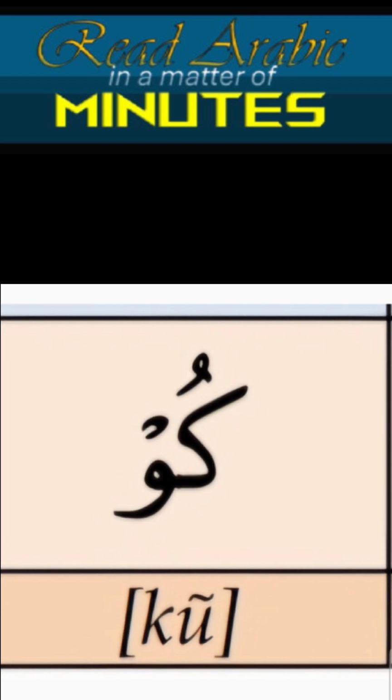So if we lengthen the ku sound, it becomes koo, koo. And again, many words have the sound, such as kub. Kub is a cup or a glass, and that has the ku sound.